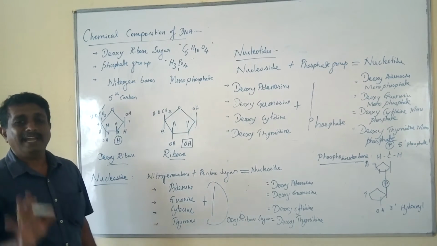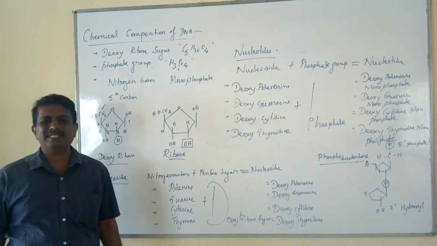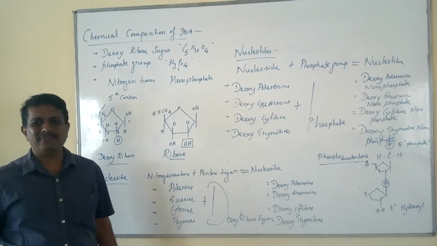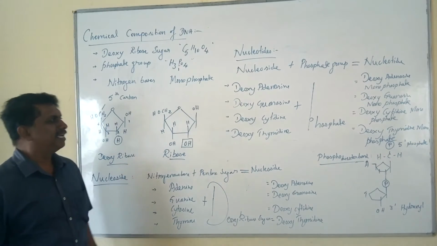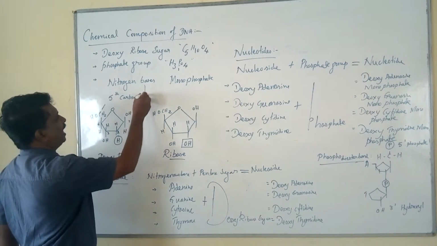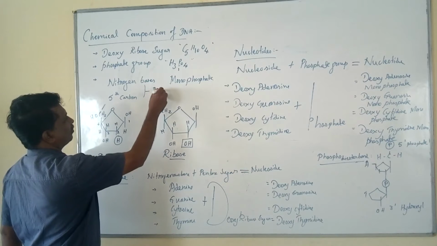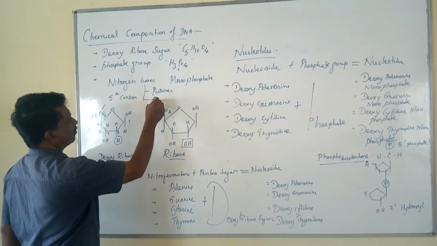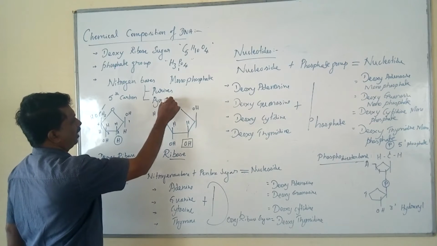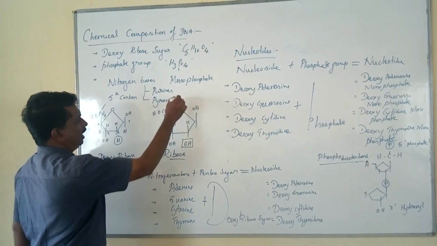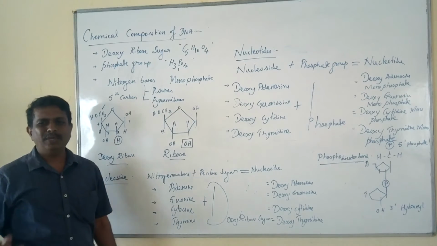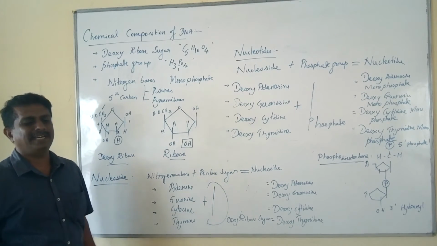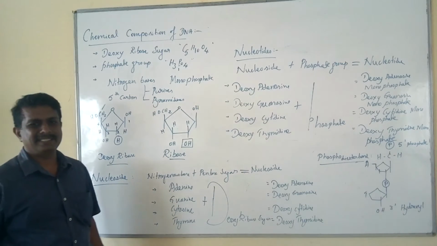There are 2 types of nitrogenous bases, namely purines and pyrimidines. Purines and pyrimidines are the 2 important types of nitrogenous bases found in the nucleic acids.